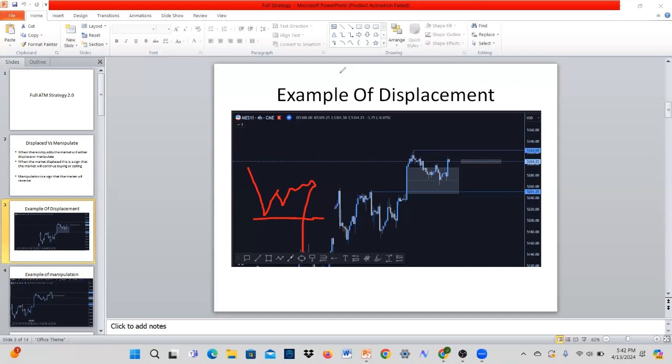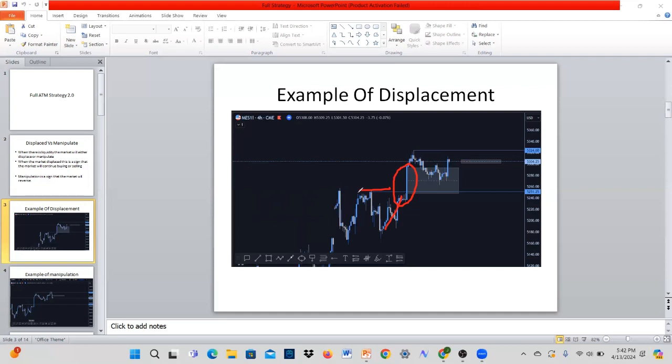So if we look at this example, we see we had liquidity marked up here, buy side liquidity. The market came up, and look at the candlestick that passed it, right? This is a strong indication that the market wants to buy up, because it did not manipulate at liquidity.